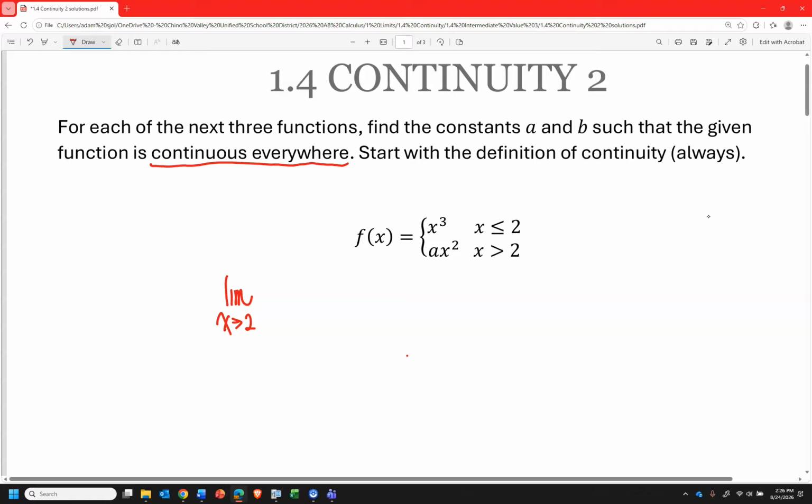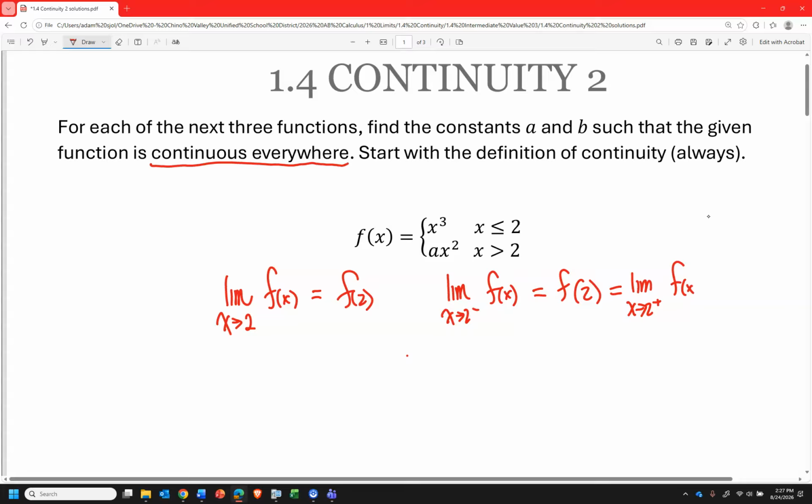So should I use the limit as x approaches 2 of f of x is equal to f of 2, that two-part version, or the limit as x approaches 2 from the left of f of x equals f of 2, is equal to the limit as x approaches 2 from the right of f of x.